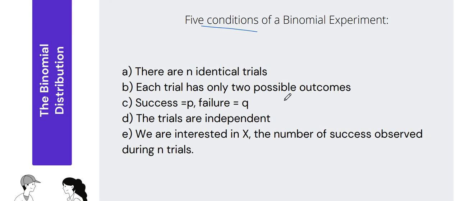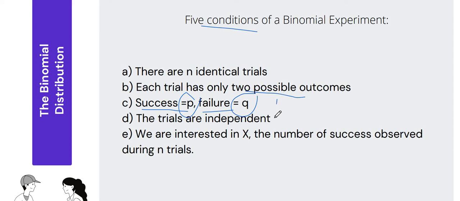But for this chapter, we denote the possible outcomes that we get as success and failure. The 2 possible outcomes are success and failure. For success we use P to represent it, and for failure we use Q to represent it.